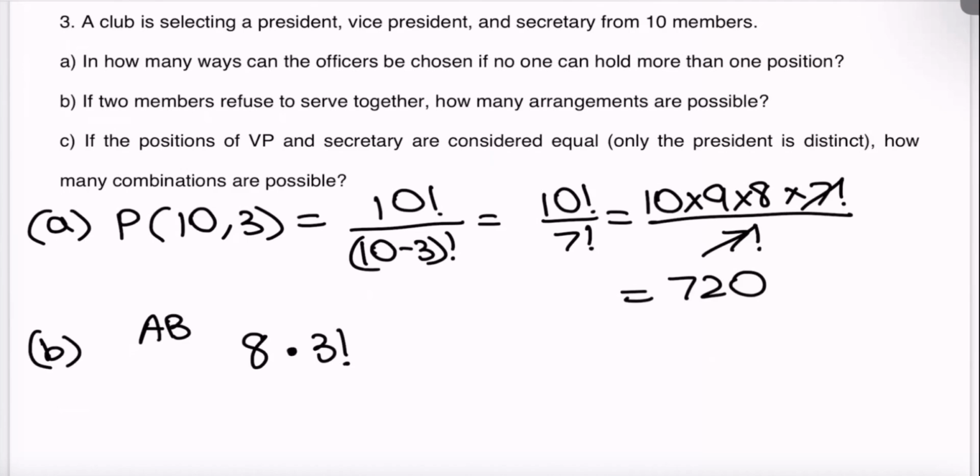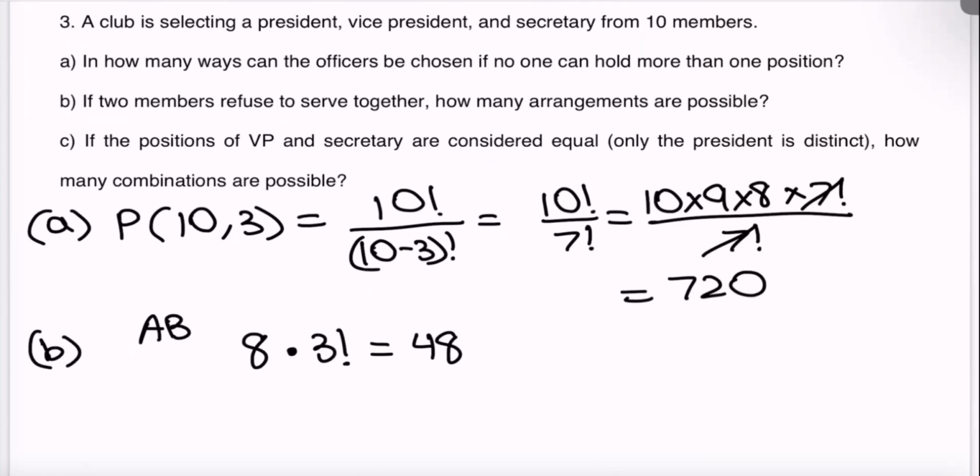So therefore, 8 times 3 factorial is 8 times 6, which is 48. So there are 48 ways for A and B to definitely be working together, because it could be A and B and any one of the other 8 people. And those 3 people we select could be rearranged in 3 factorial ways.